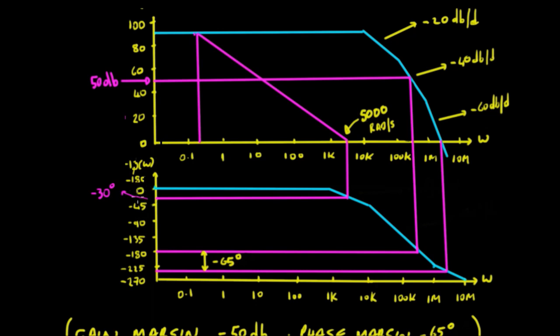Okay, so minus 30 degrees here. If we were to come across here and we come up, we see that that occurs at a frequency which is halfway between maybe the 1 and the 10. So it's round about, let's say, round about 5,000, and it's in radians per second.